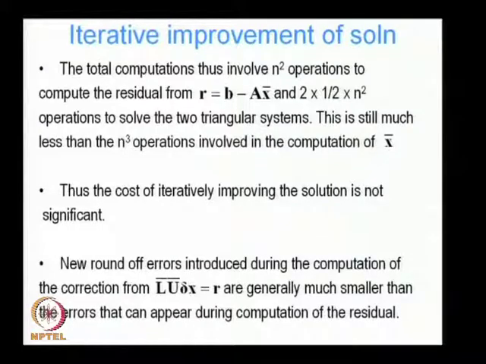We have seen that in probably our second or third lecture, that when we subtract two scalars which are approximately of the same magnitude, the chances of errors are very high. In this case we are subtracting two vectors all of whose components are approximately of the same magnitude. So, similarly, the main error during this improvement to the solution occurs during the computation of the residual r is equal to b minus A x bar. Relatively insignificant errors occur during the actual computation of the correction.